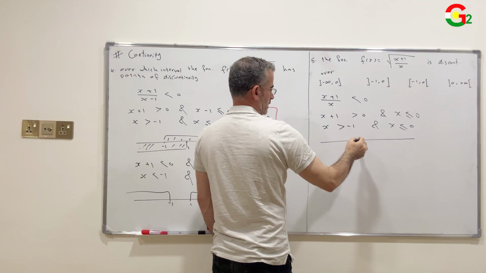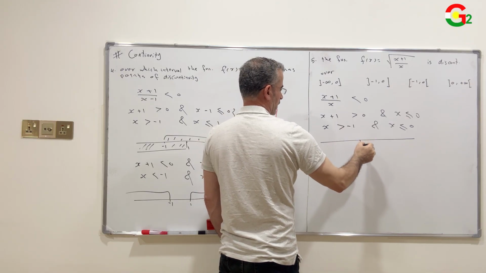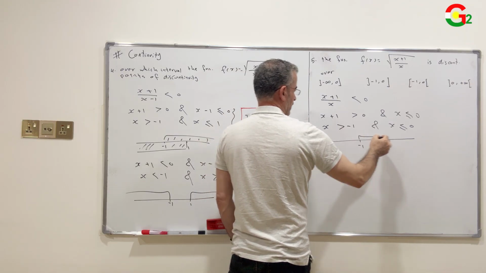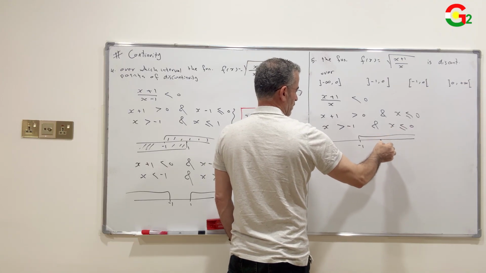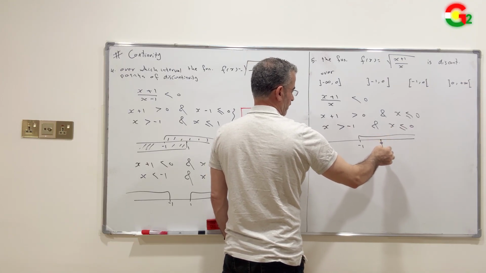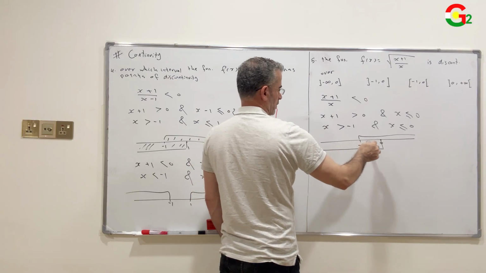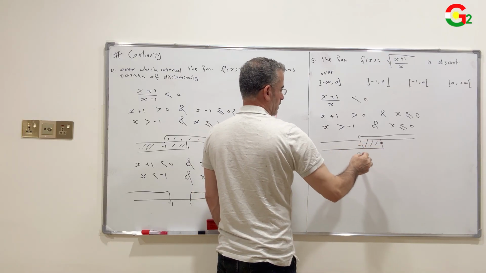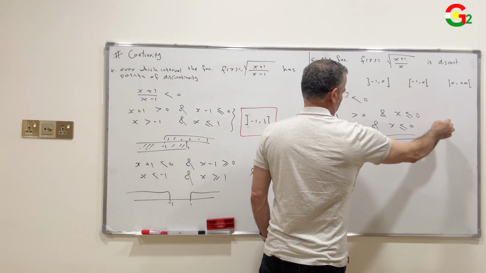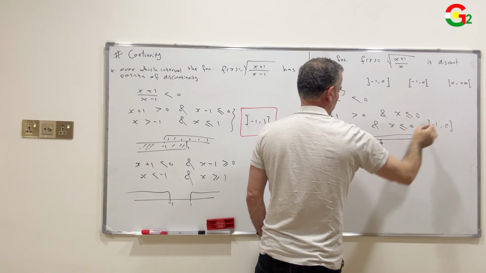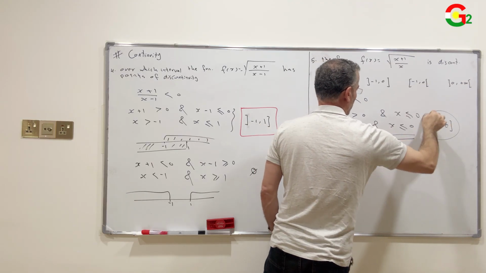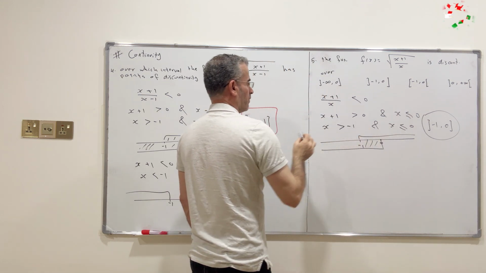The intersection: x > -1 means -1 to positive infinity, x ≤ 0 means -infinity to 0. The intersection is -1 to 0, closed from 0, open from -1. This is from the first case.